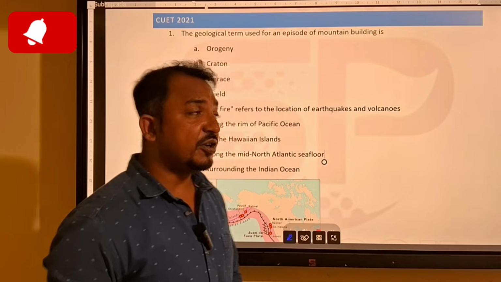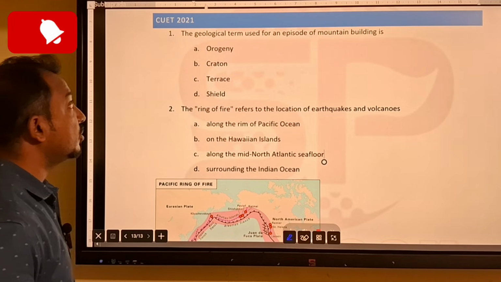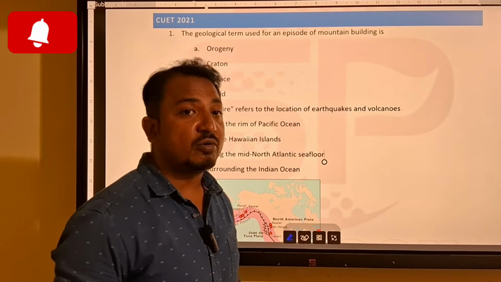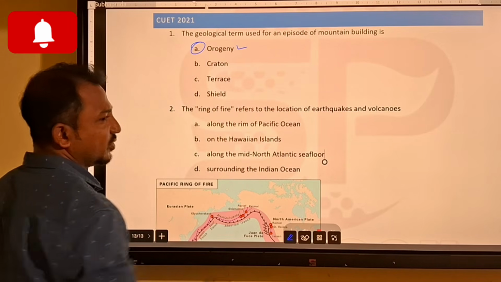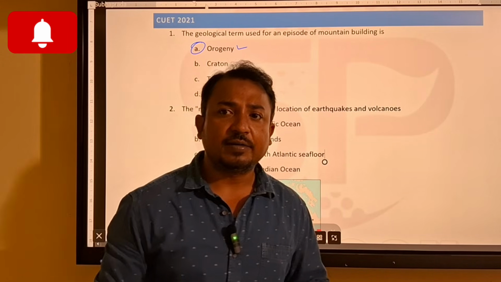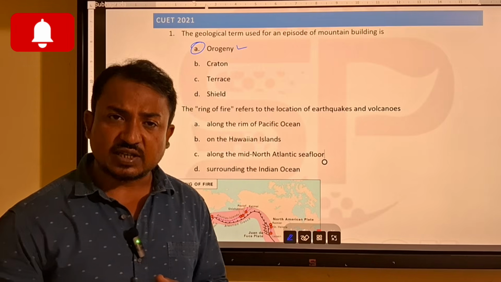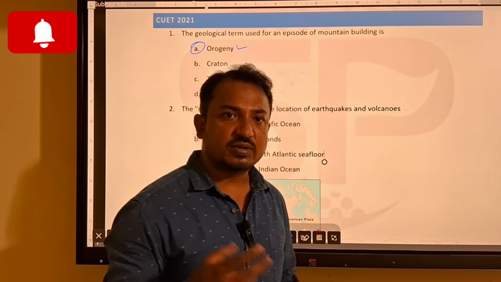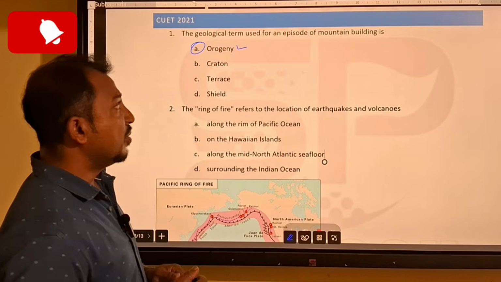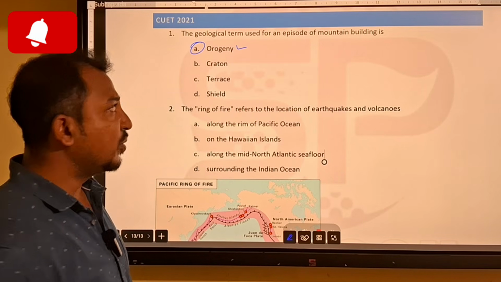Next, coming to the 2021 question: the geological term used for an episode of mountain building. Mountain building is called orogeny. During continent collision or convergence, you get squeezed sediments that produce mountains, that is called orogeny.